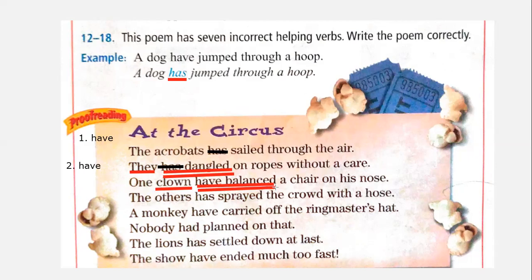And now we are going to see whether the subject agrees with the helping verb, okay? And rule number 2 states that we use have with plural subjects, I or you. The word clown is just talking about one. So this is incorrect.